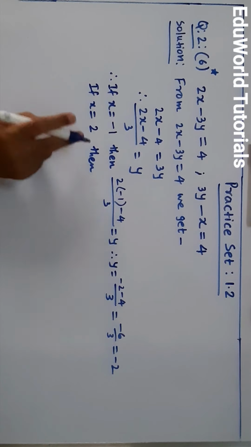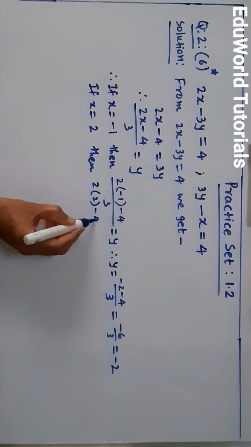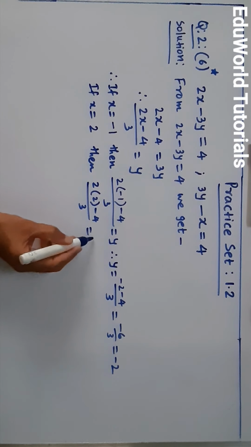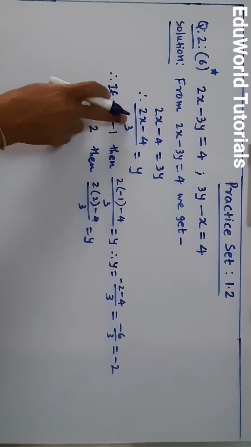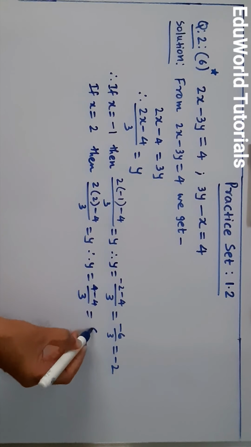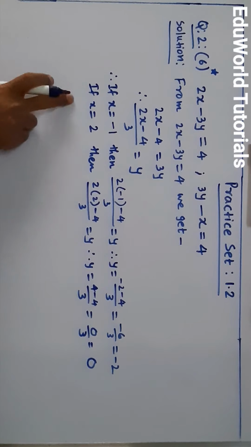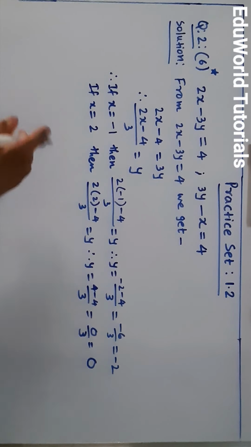Then if x is 2, then 2 into 2 minus 4 upon 3 is equal to y. I have to put x equal to 2 in this. Therefore y will be equal to 4 minus 4 upon 3, that is 0 upon 3, which is 0. So when x is 2, y is 0.